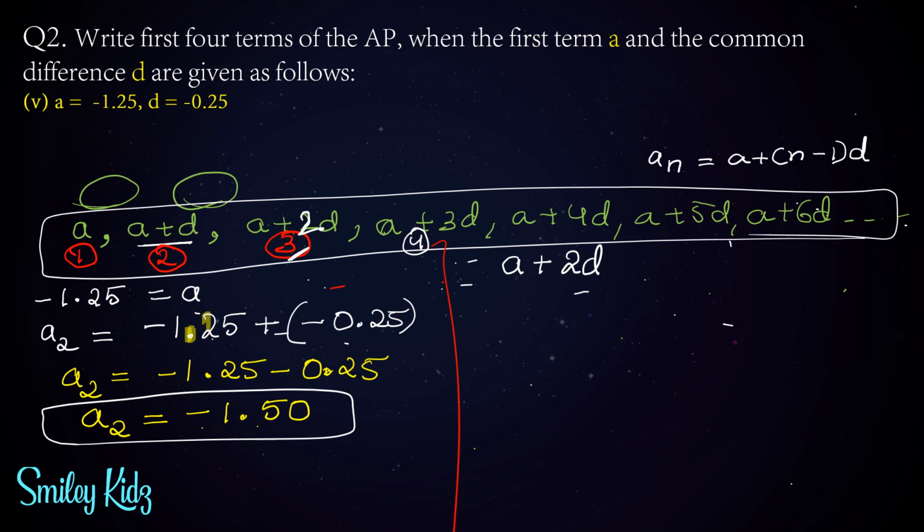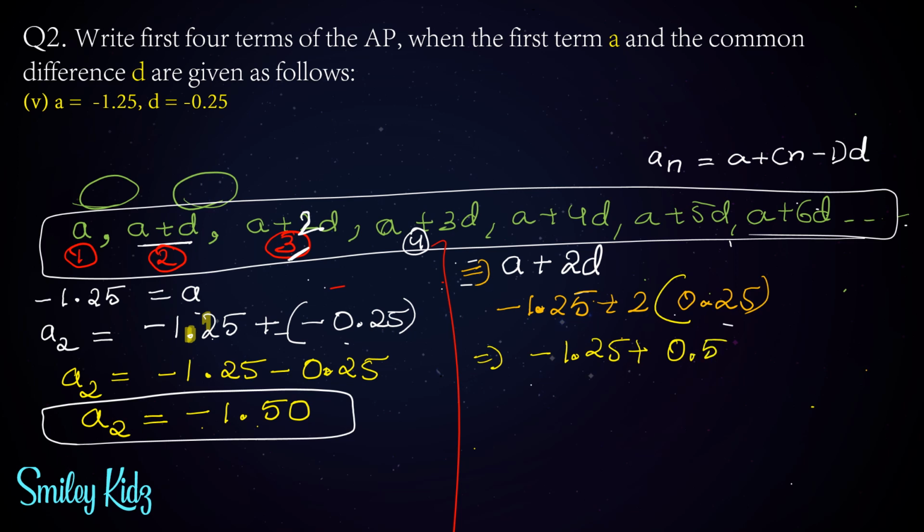Okay. Now, we're going to find out the third term, right? So what is the value of A? Minus 1.25 plus 2 into 0.25. That's going to give you the next term, precisely speaking the third term over here. Now, this in turn will give you minus 1.25 plus what is 2 times 0.25? It is 0.5 or 0.50, isn't it?